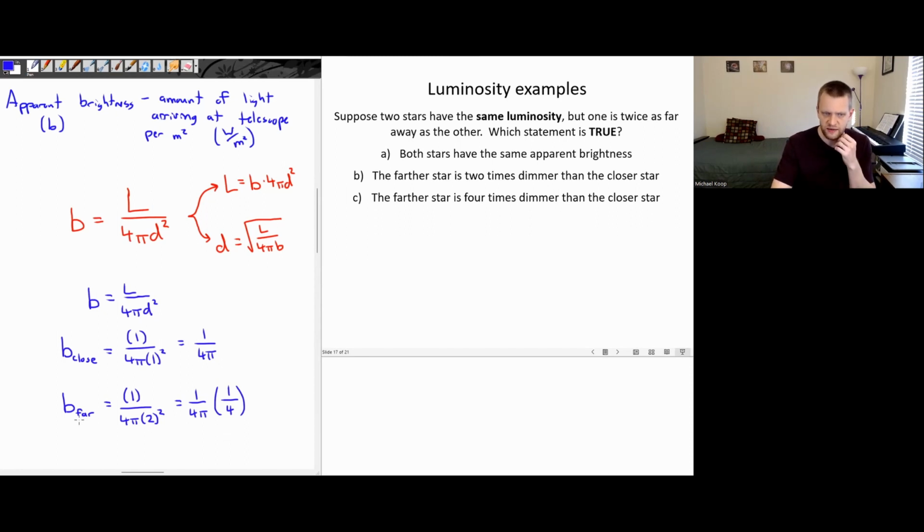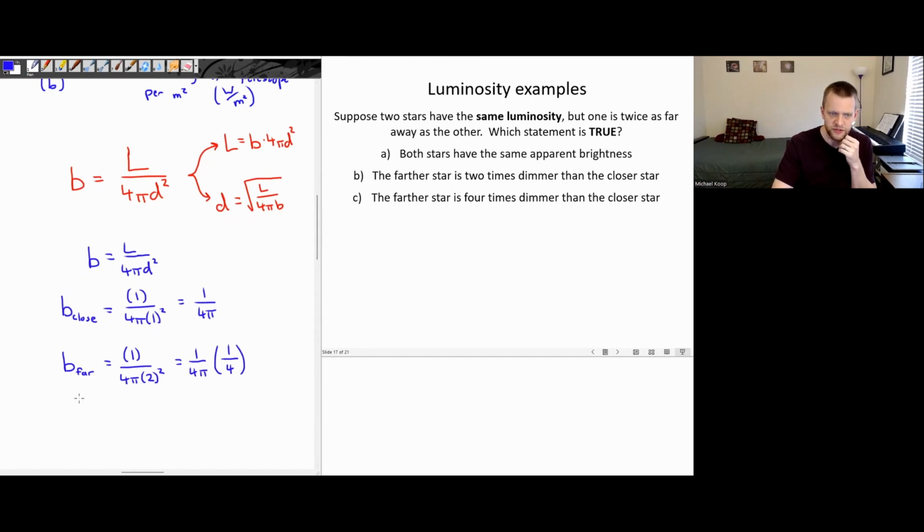So when we do the last comparison, the far one compared to the close one, the far one is 1 over 4 pi times 1 over 4. The close one is just the 1 over 4 pi. Again, the 1 over 4 pi cancels out. So this is why it's sometimes easiest to just drop the 4 pi right off the beginning.